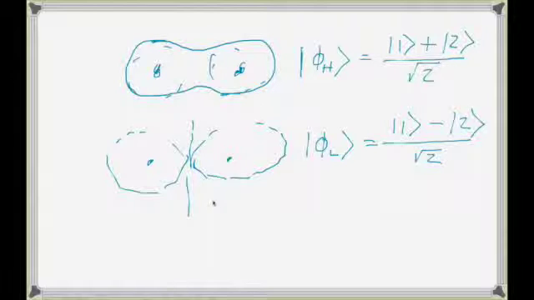And this is a very, very general result, that the bonding orbital, the lower orbital, will be the symmetric one, and the anti-bonding, the upper one, will be the anti-symmetric orbital with a null in between.